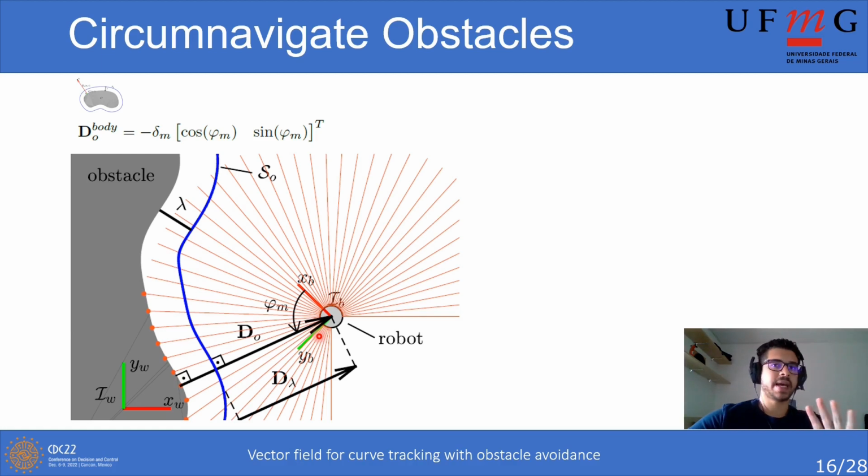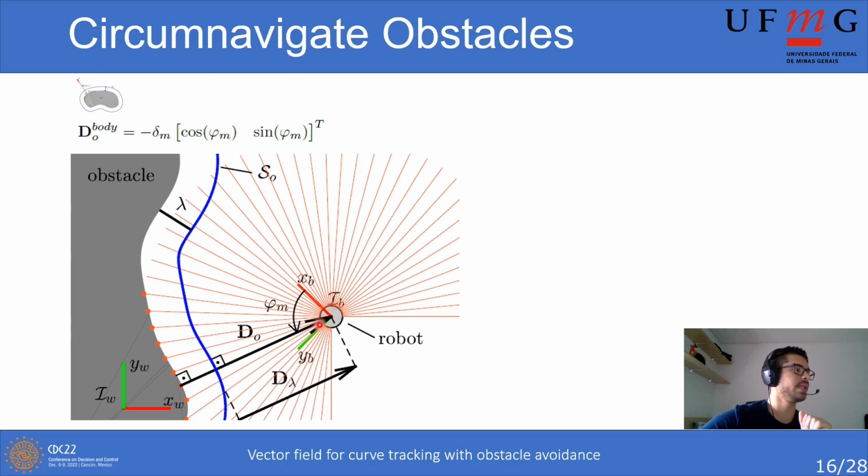So let's get back to the two-dimensional case where there's only one direction of following the obstacle. In this case, instead of using an auxiliary vector field, we can just rotate the Euclidean distance vector. So here we have a figure where the obstacle is in gray, the SO set is in blue at lambda distance from the obstacle.